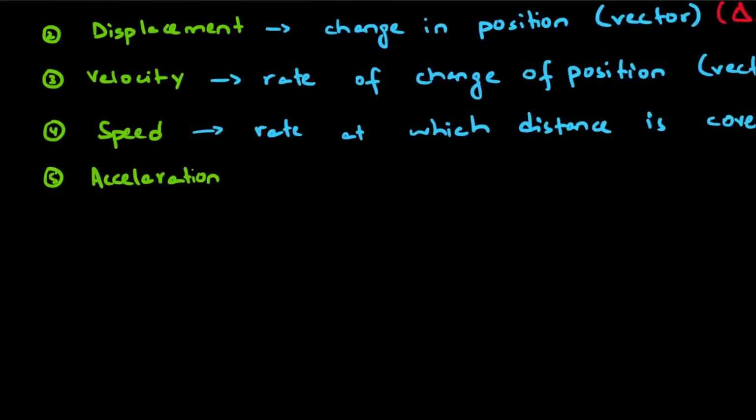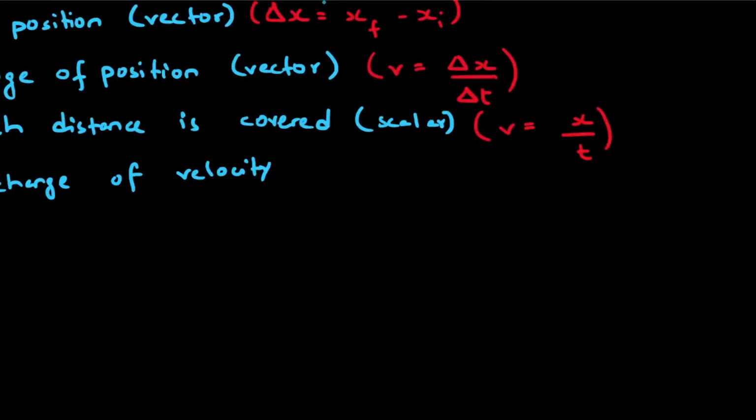And then finally, we have acceleration, which represents a rate of change of velocity. This is also a vector quantity, and mathematically it is represented by a equals delta v over delta t.